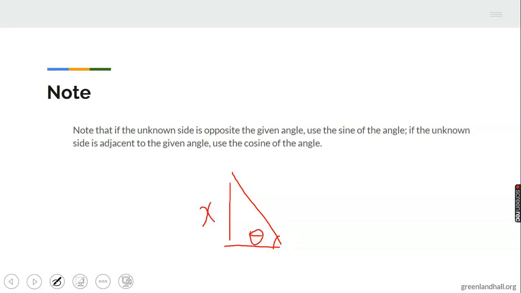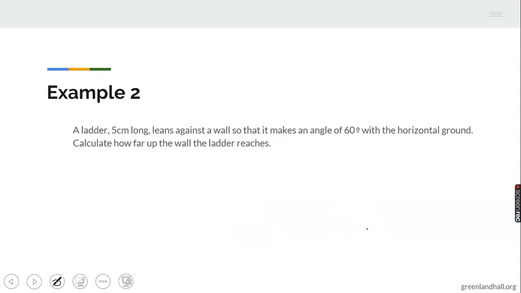So it's opposite the given angle. You are going to use what? Sine. But if the unknown side is adjacent to the given angle, okay, this is the given angle here, then it's adjacent. That is, this is the unknown here. So this is adjacent. So you are going to use cos. That is the cosine of the angle.